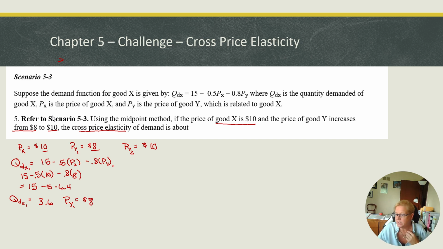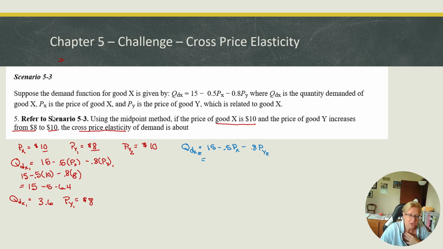Now I want to do the same method for the price of good Y2. I'm going to change up colors here just so we can keep them all straight. So the quantity demanded of X is equal to 15 minus 0.5 price of good X minus 0.8 price of good Y2. Make sure I keep my 2's there.